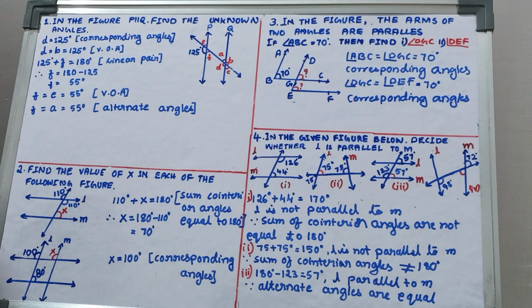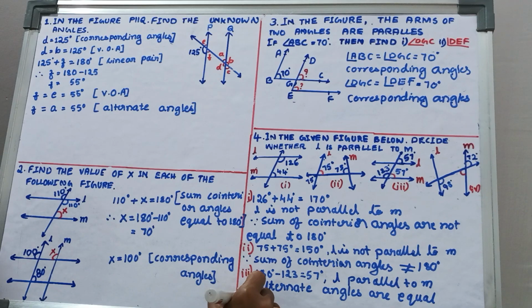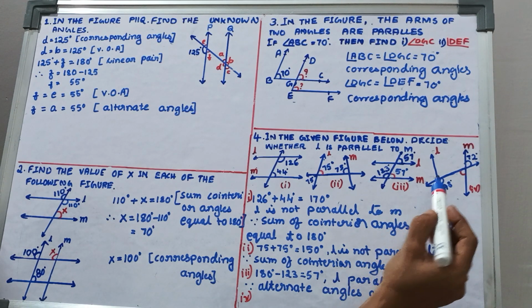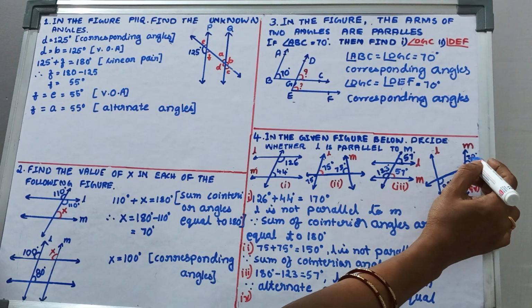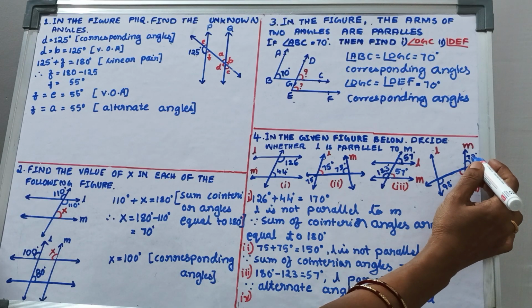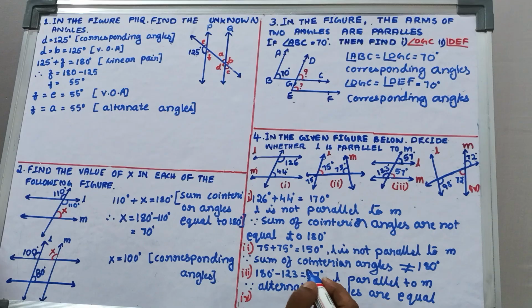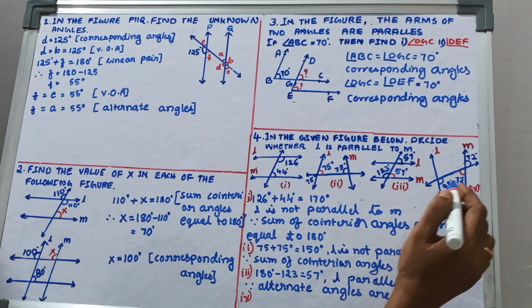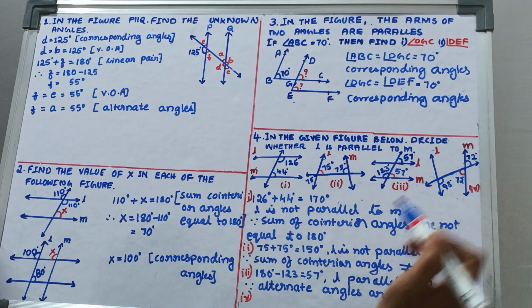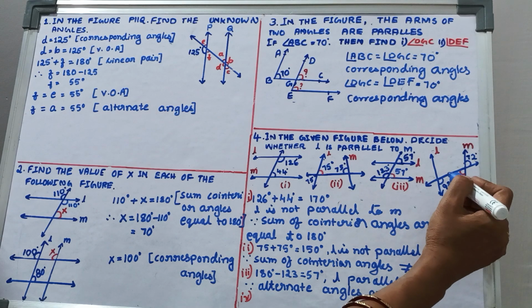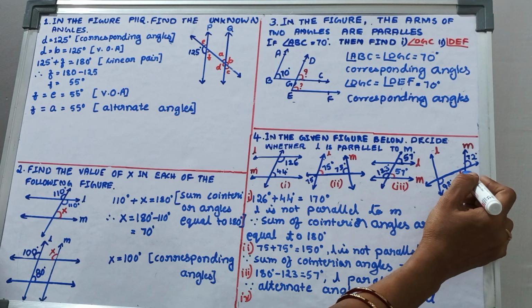Next, fourth one. Yeah, this is 72 degree. This also become 72 degree because vertically opposite angles. Again, add these two angles because they are co-interior angles.